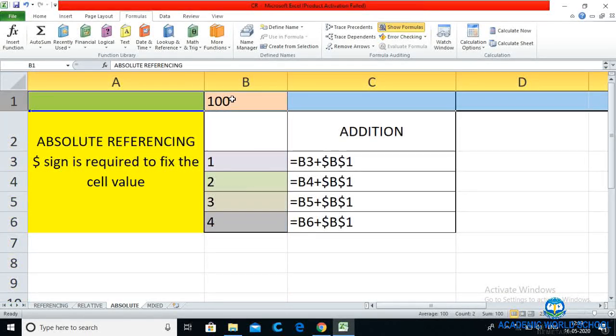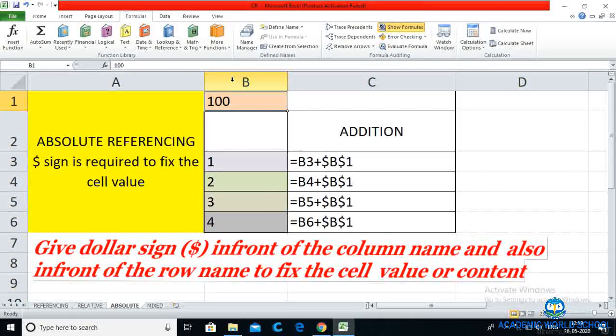So over here 100 is the intersection of column B and row 1. So over here I have given a dollar sign in front of the column name and a dollar sign in front of the row name. If you give a dollar sign in front of both the column and row, then you will successfully fix any particular cell value.